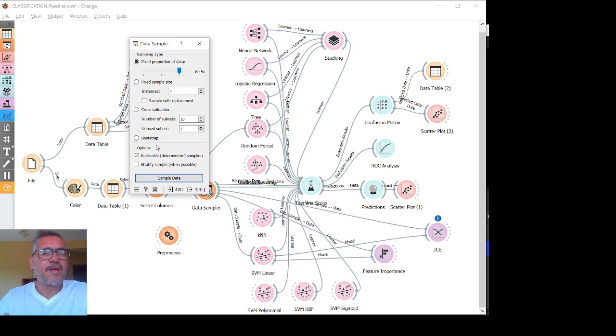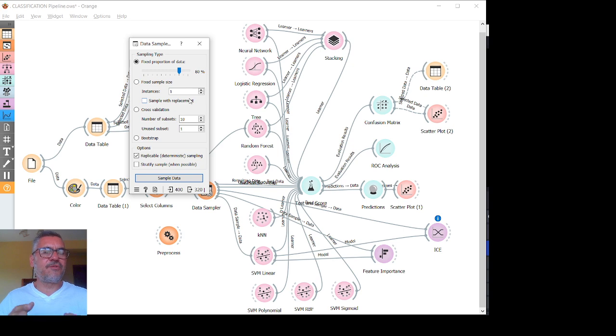We can check this to have replicable sampling, so Orange always selects the same 80% of the data every time we run this, and we have consistent and comparable results. Or we can stratify the sample whenever there is a need. I leave it like this.